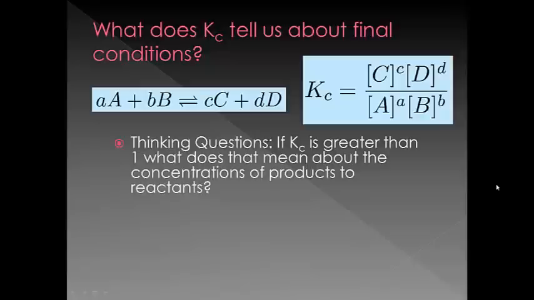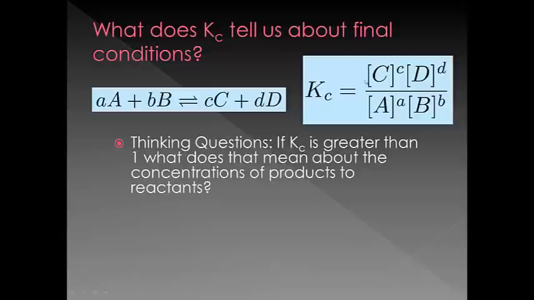So first, if Kc is greater than 1, let's look at the equation and see what that means. If Kc is greater than 1, does that mean that we have a higher numerator or a higher denominator? Well, it means that the numerator must be larger than the denominator. So Kc is greater than 1.